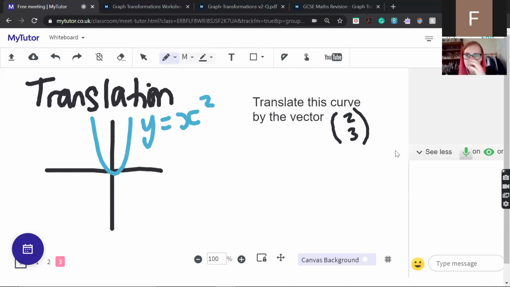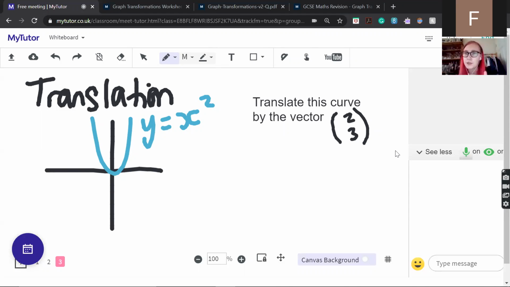So this is how they're written, and all this means is 2 right, 3 up. You've just got to remember that a vector goes right, up. That's what the two numbers mean. So if the top one's negative, then it means left, because a negative right is left. If I'm going negative steps in this direction, I'm going backwards.